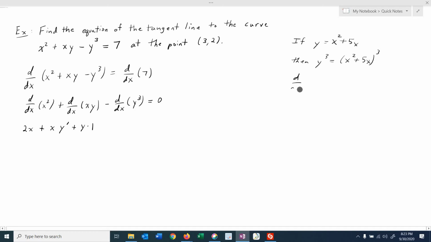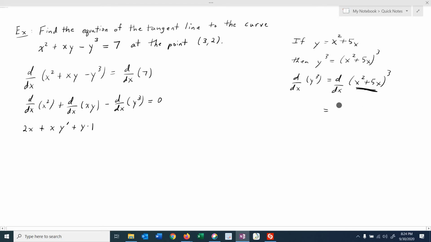Now we're taking the derivative of that with respect to x. It's pretty obvious now that you're going to have to use the chain rule, because x squared plus 5x is your inner function, and it's being raised to the third power, which is your outer function.